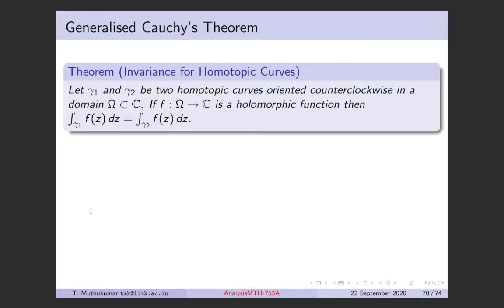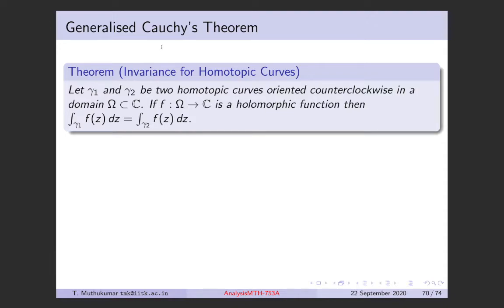Now, what is the generalized Cauchy theorem? The statement that we made before can be generalized by removing the hypothesis that omega is simply connected. If omega is just an open connected set, and f is a holomorphic function on it, then you have a much more general statement, which is the generalized Cauchy theorem.